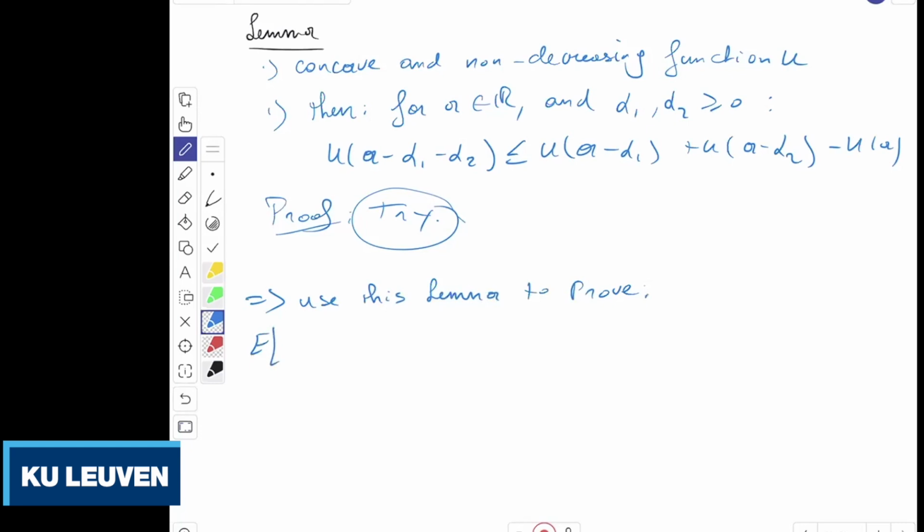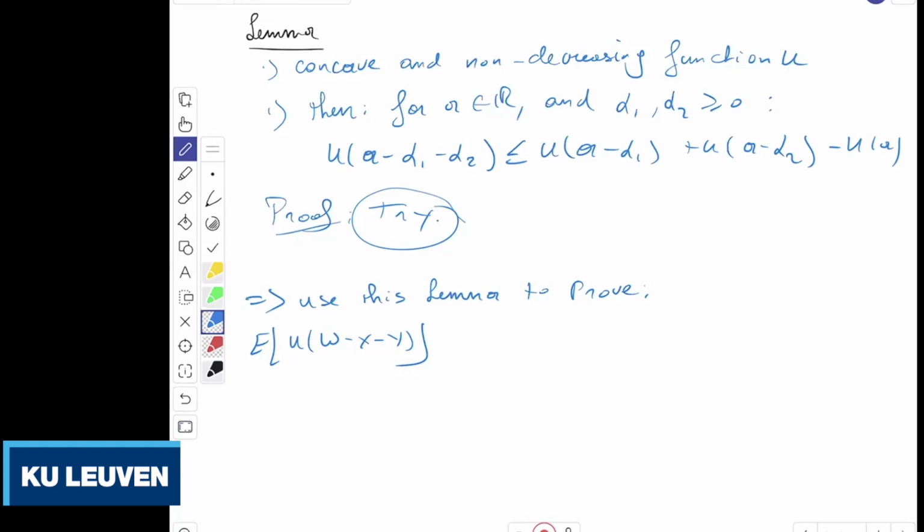Again, I'm looking at this expected utility, E[u(w - X - Y)], but now X and Y are not mutually exclusive. They can be two risks, X and Y, they can be independent, can be very positively dependent, can be any combination of two risks. Could be mutually exclusive, but not necessarily. Then this, again, this expected utility is the utility that you reach if you suffer X and Y at the same time, simultaneously, right?